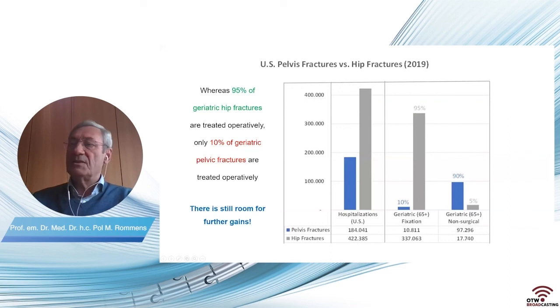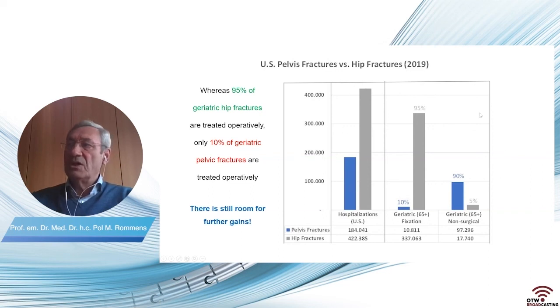This is my last slide. It shows the incidence or the absolute numbers of pelvic fractures in the United States in 2019, together with hip fractures. You see the hip fractures are in number much higher than the pelvic fractures.